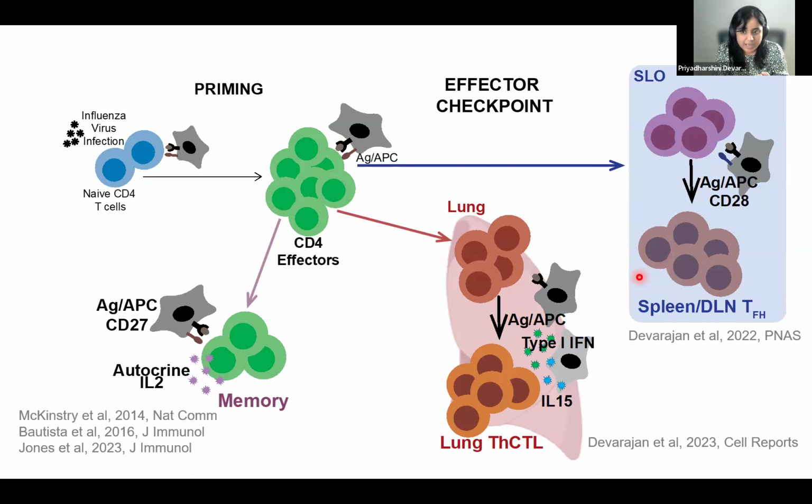And these findings also have implications for vaccine design, where if you want the generation of these more specialized subsets of CD4s, including actually long-lived CD4 memory, then you need vaccine to not just present antigen during priming at the initial phase, but you need more sustained antigen presentation as these CD4s develop into effectors to be able to transition to these more specialized subsets, which is why we think all these mRNA vaccines do a good job because of their sustained antigen presentation.